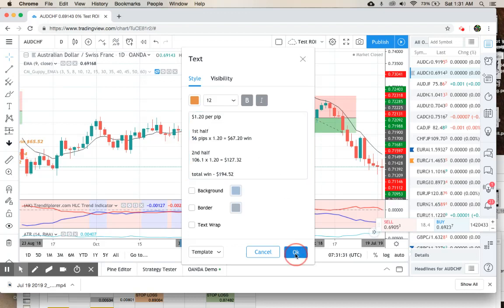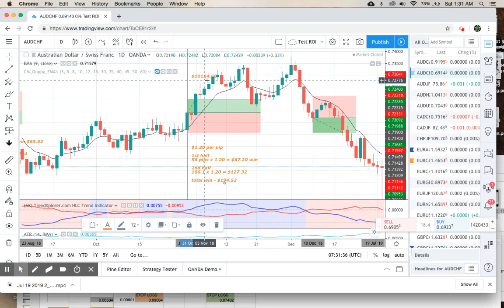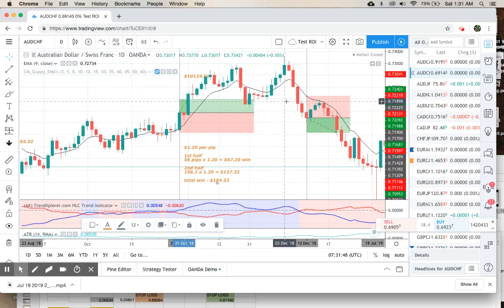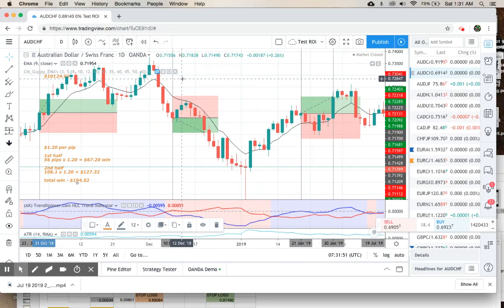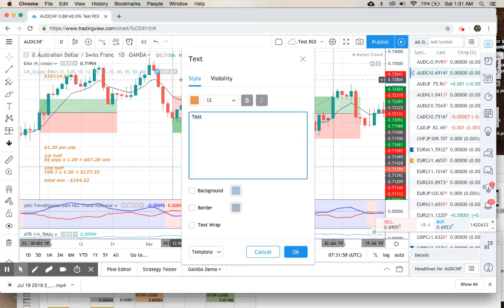Okay, awesome. So we're going to take $10,124.60 plus $194.52. Okay, so now on our next trade, we have $10,319.12.